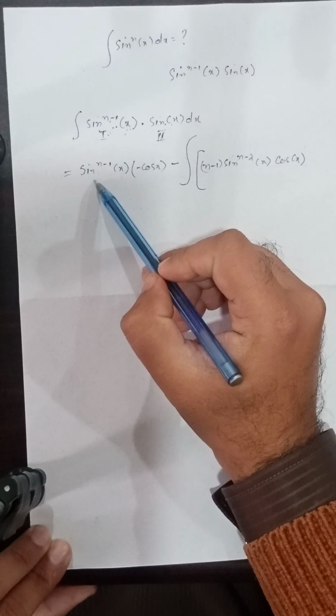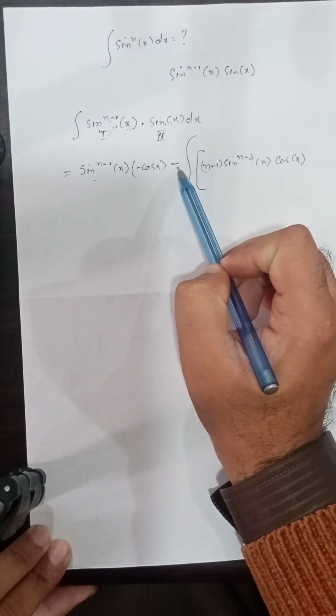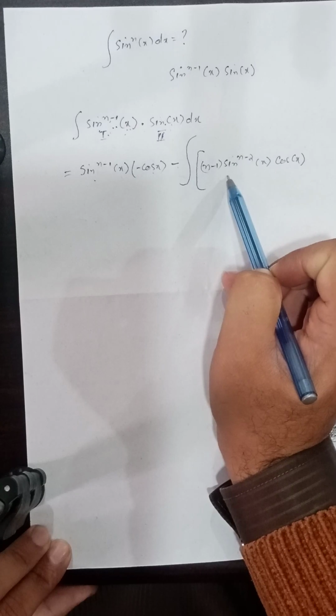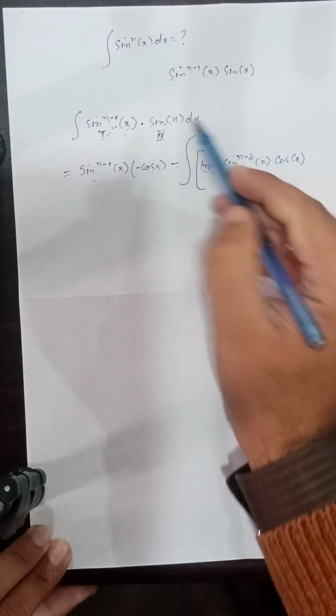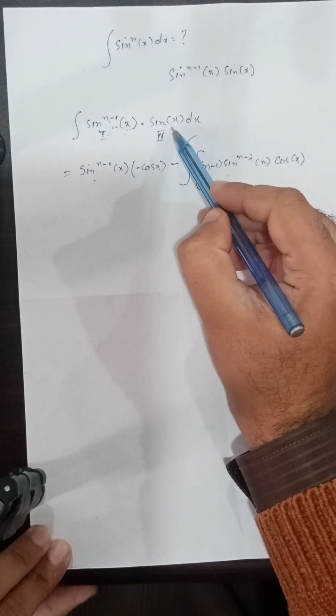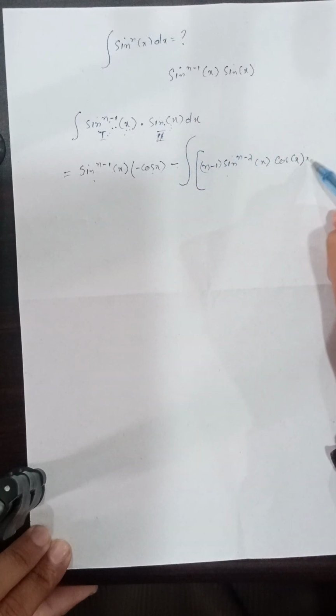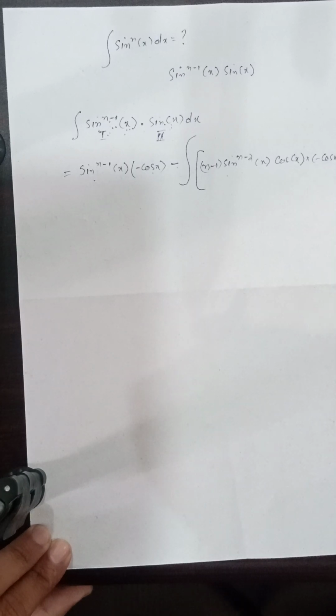That is multiplied with the integral of the second function, which is minus cos of x, with respect to x.